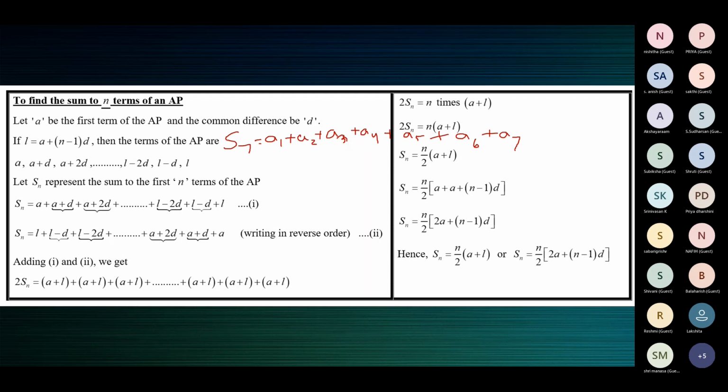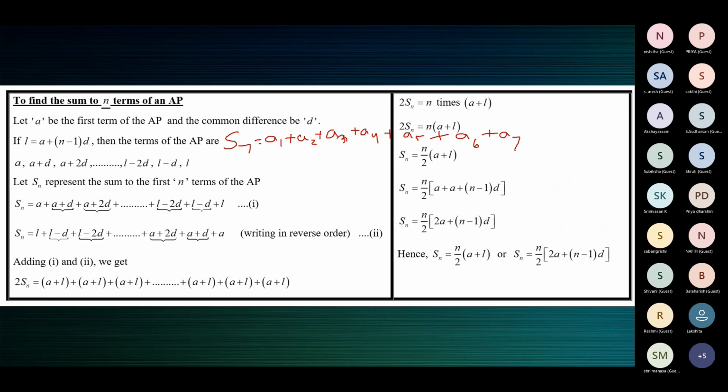This is what S7 is. What is S7? It's A1, the first term, plus the second term A2, plus the third term A3, plus the fourth term A4, till the seventh term A7. When you add all this, you get S7.